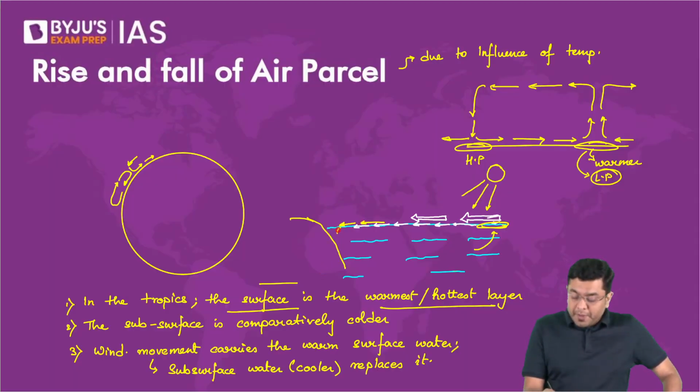So the water will be pushed down. It will start accumulating here. So this becomes a region for accumulation of all the warm water that the wind has carried with it. And in the meanwhile, the colder waters rise up in this region, and this becomes cold. This becomes warm.